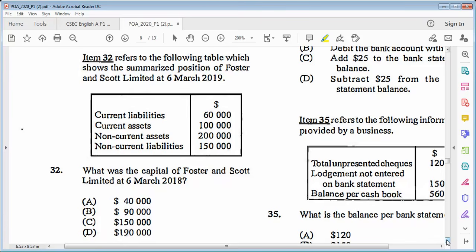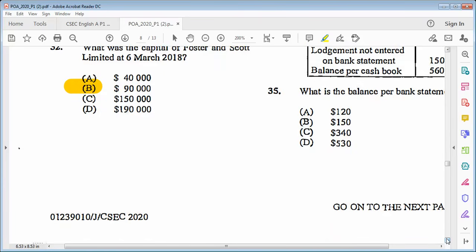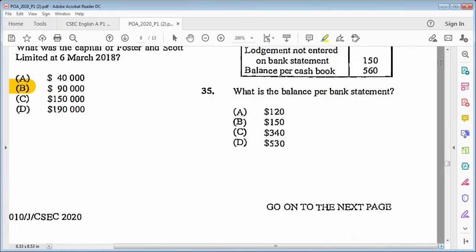So when we subtract, we had $300,000, subtract $210,000, we get $90,000. So our answer would be B. 32 would be B. Let's move on to 33.